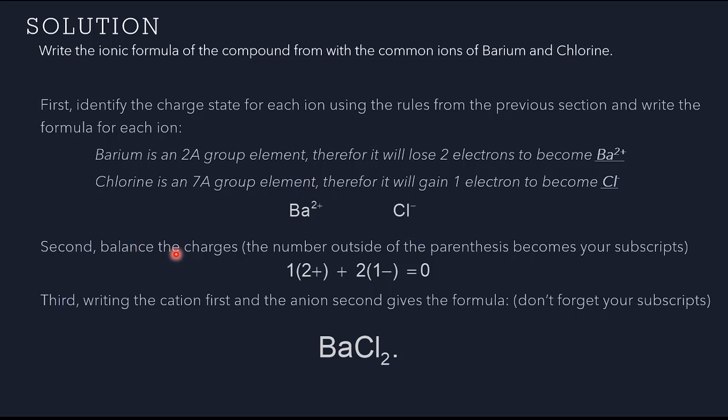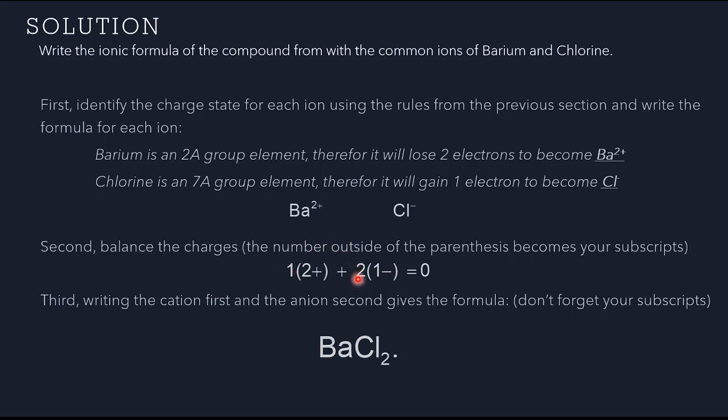Our second step then is to balance the charges, or the number outside of the parentheses, in order to figure out what ratio of barium and chloride we need in order to get a net 0 charge. So the charges go inside our parentheses, right? So the 2+ for barium and the 1- for chloride go inside the parentheses.